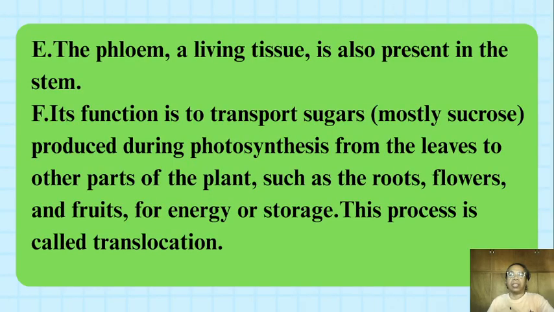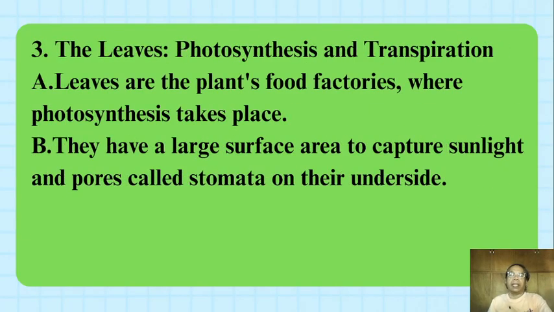Its function is to transport sugar, mostly sucrose, produced during photosynthesis from the leaves to the other parts of the plant, such as the roots, flowers, and fruits, for energy or storage. This process is called translocation.